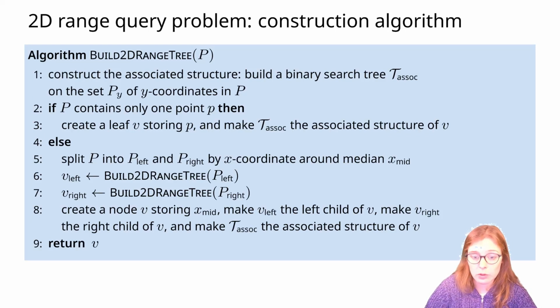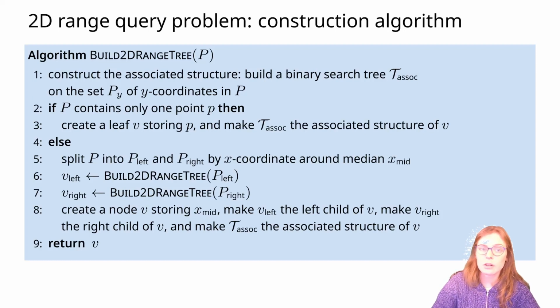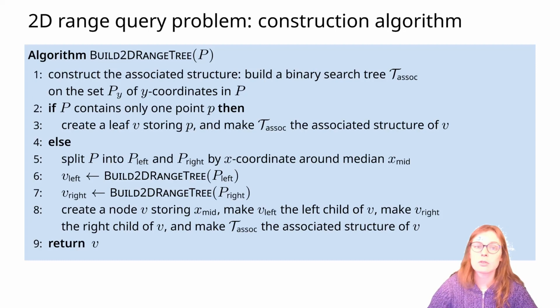Then we create a node V storing the median value of the x coordinates. We make V left its left child, we make V right its right child, and we make the associated data structure the associated structure of V. And finally, we return V. So this recursive algorithm will construct a two-dimensional range tree on the input set of points.